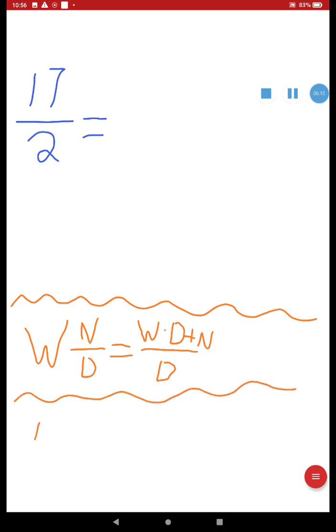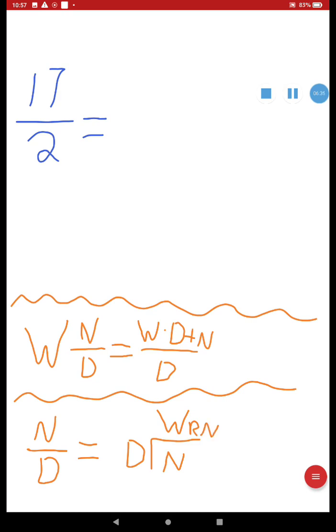My numerator over my denominator equals division bar, numerator in the box, denominator out of the box. My quotient is my whole number, and my remainder is my new numerator.